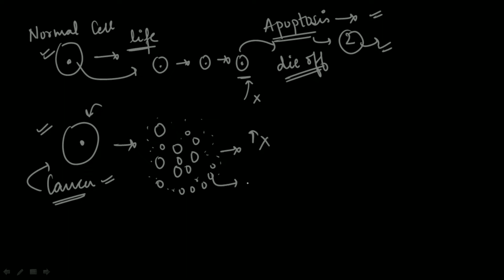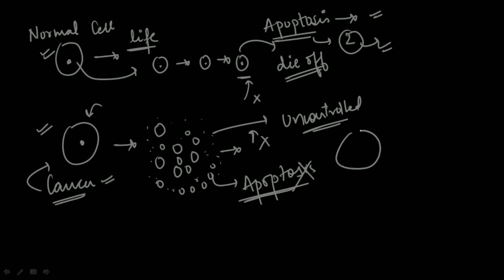That is, in the cancerous cell there is no phenomenon of apoptosis, and because of that there occurs uncontrolled growth, and this uncontrolled growth results in the formation of a mass of cells accumulated in any part of the body.